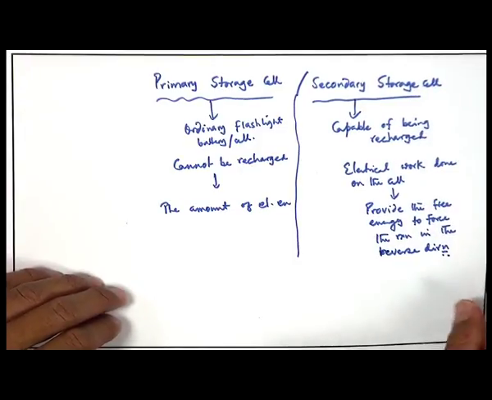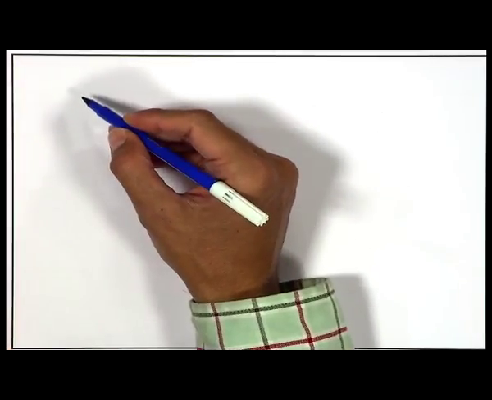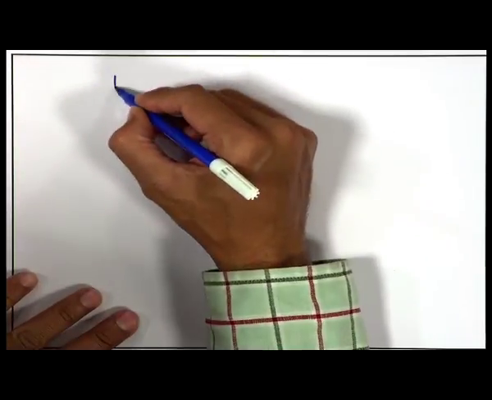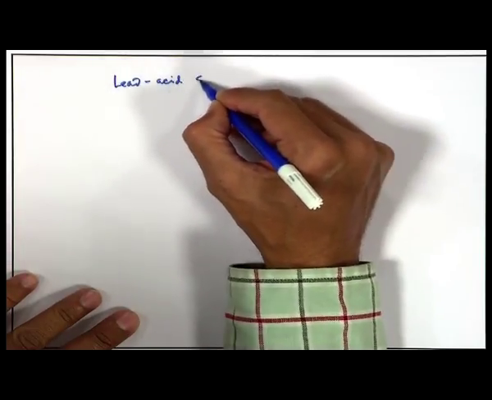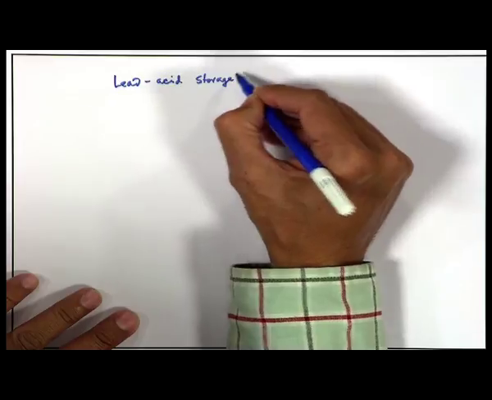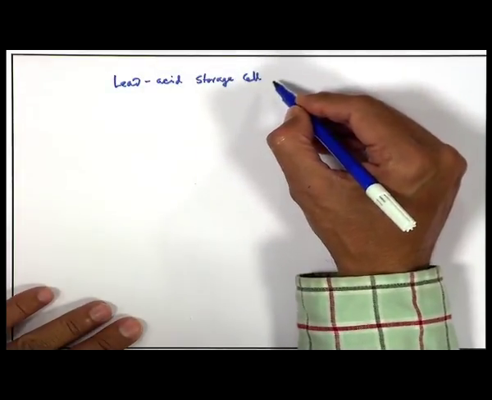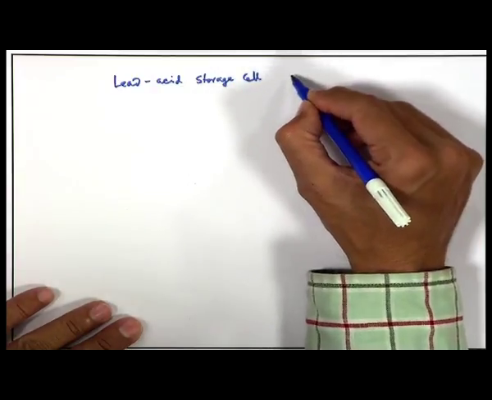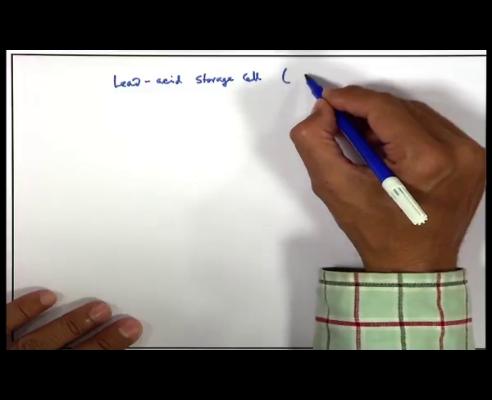Now, let us turn our attention to the secondary storage cell. The secondary storage cell is the lead acid storage cell. It was developed by Gaston Plante in 1859.